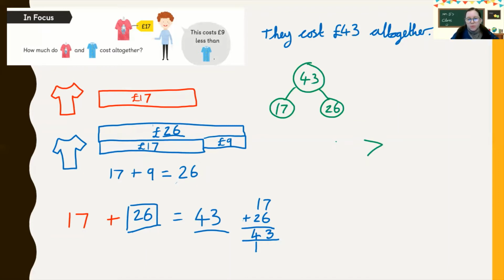The smart blue shirt, you're right, because that was £26, which is more than £17. You might have tried to be really clever and thought, well, how much do 2 red shirts cost? How much do 2 red shirts and a blue shirt cost? There's lots of different things you could have done with this problem, and I can't wait to see what you did.